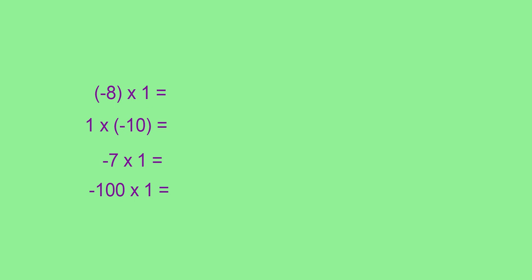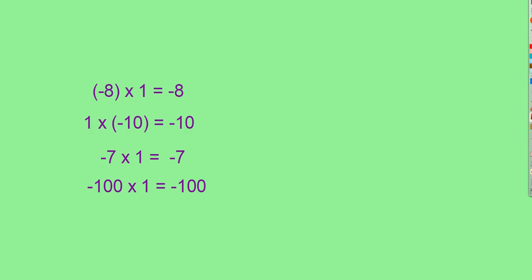Here, you have to find out some products. Do find it out: negative 8 into 1, 1 into negative 10, negative 7 into 1, and negative 100 into 1. Here, negative 8 into 1, you are getting negative 8. 1 into negative 10, you are getting negative 10. Negative 7 into 1, you are getting negative 7.